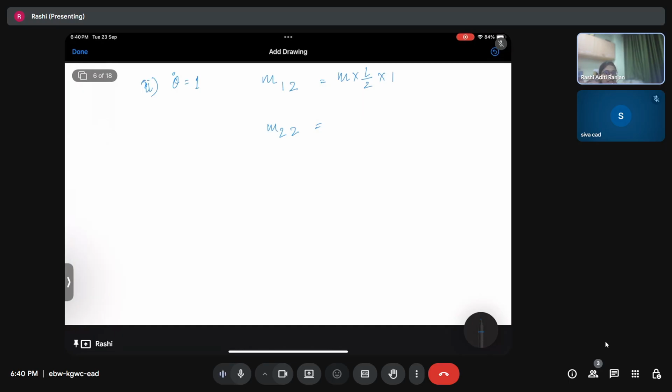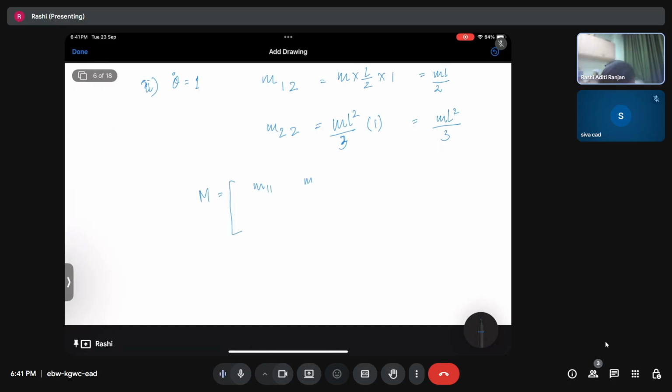It is given as I theta dot, right? So m L square by 2 into 1, not 2, 3. Yeah, it is pivoted at the end. ml square by 3 into 1. So this will give us ml by 2, ml square by 3.